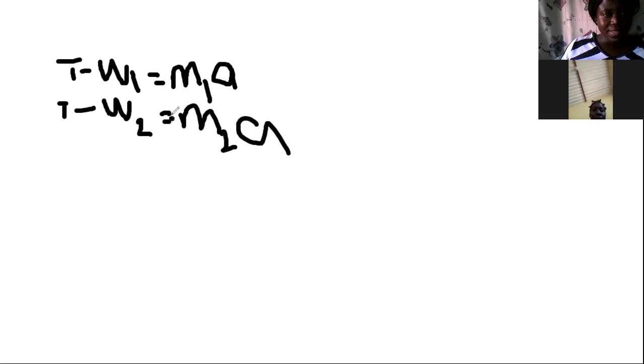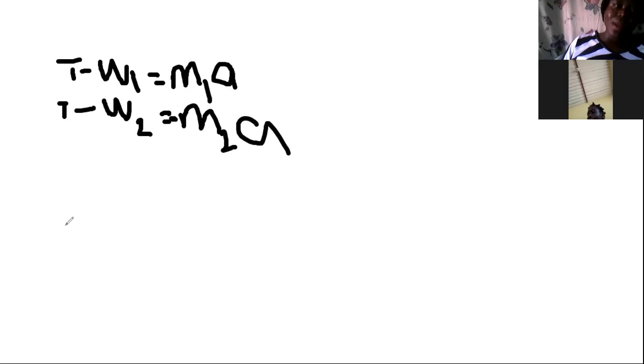T minus weight 1 equals M1a, and T minus weight 2 equals negative M2a.